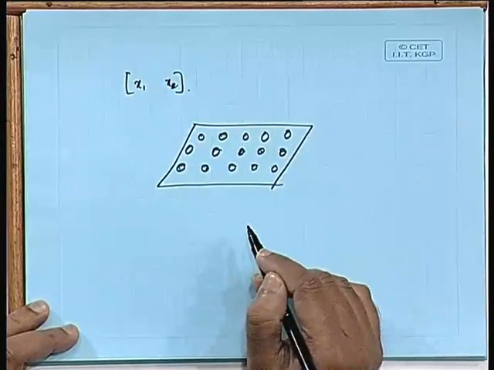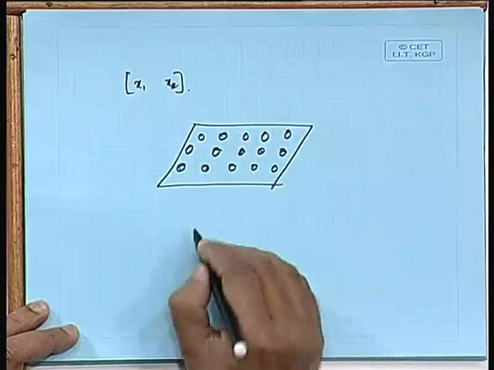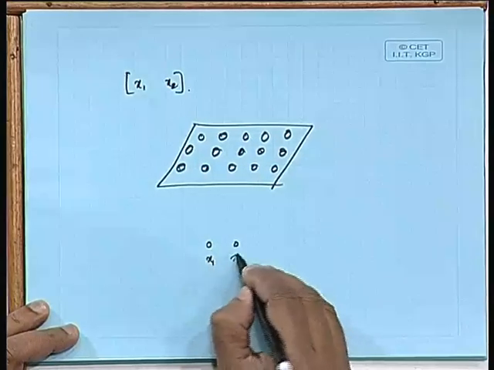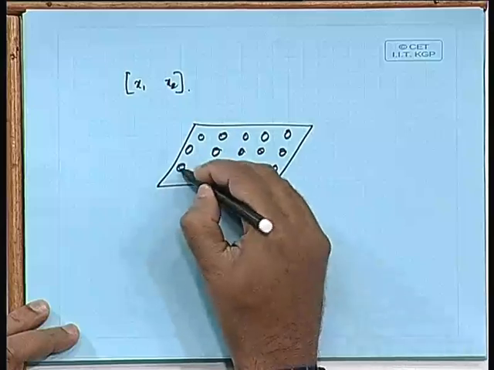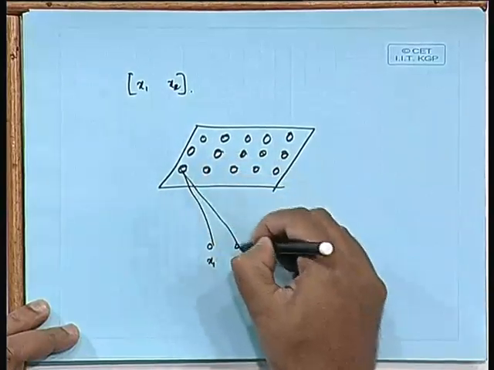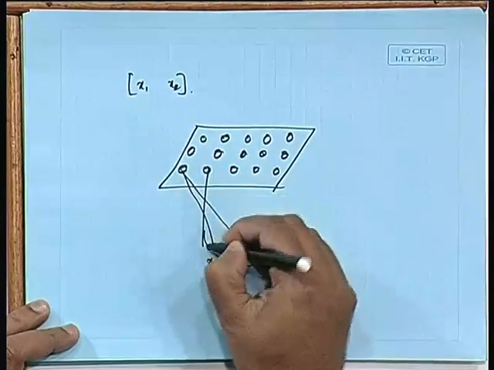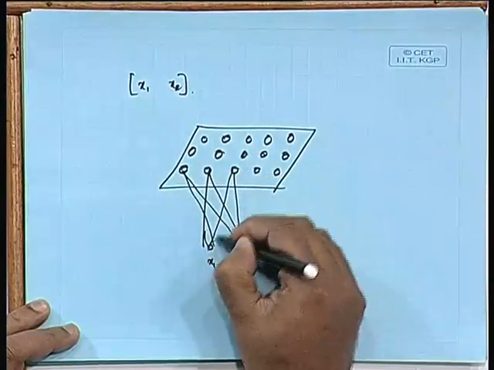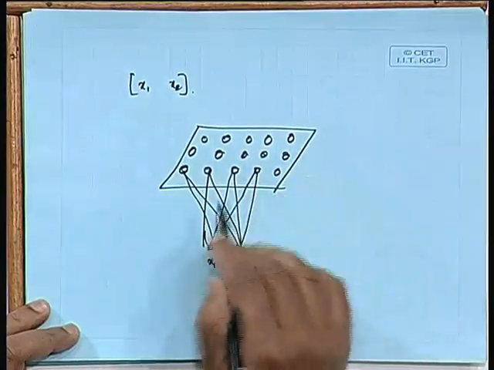We can have a one dimensional lattice also. The two inputs x1 and x2 will be connected to all these neurons at the output.